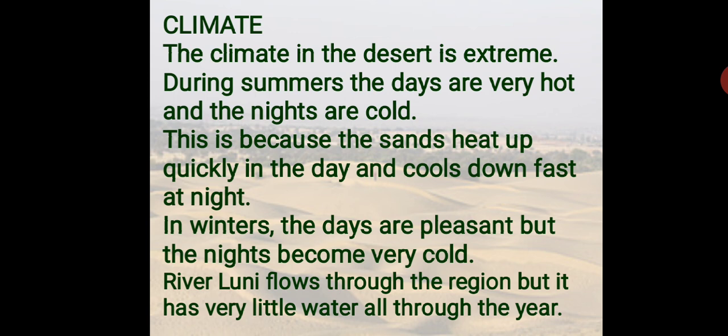So why do we get hot temperature during the day and cold temperature during the night? The explanation is given here. This is because the sands heat up quickly in the day and cool down very quickly at night. In winter, the days are pleasant, but the nights become very cold in the desert.